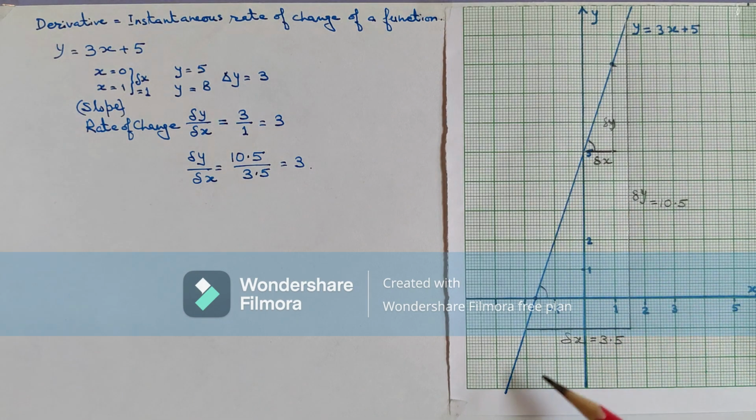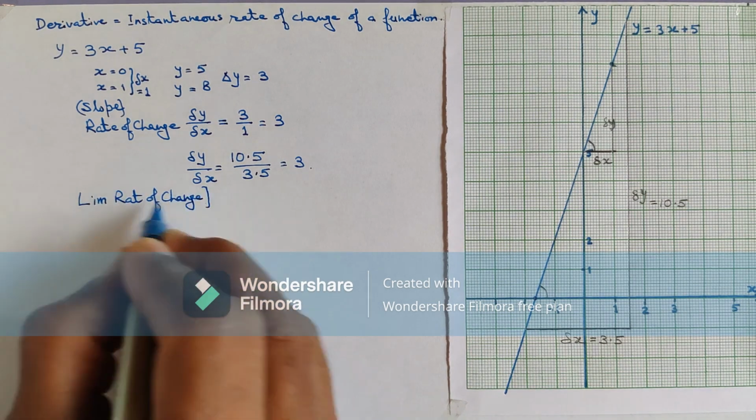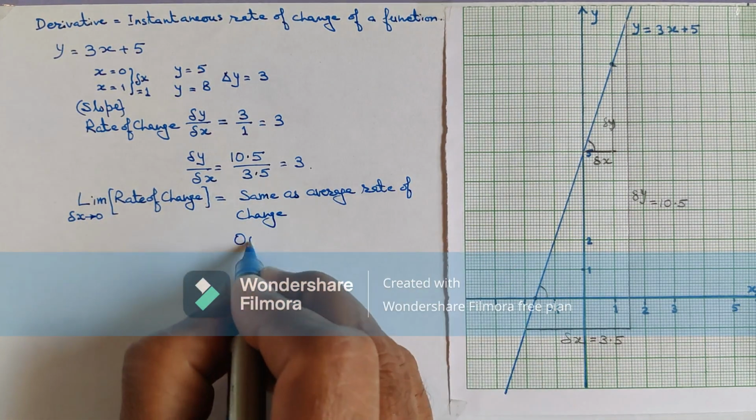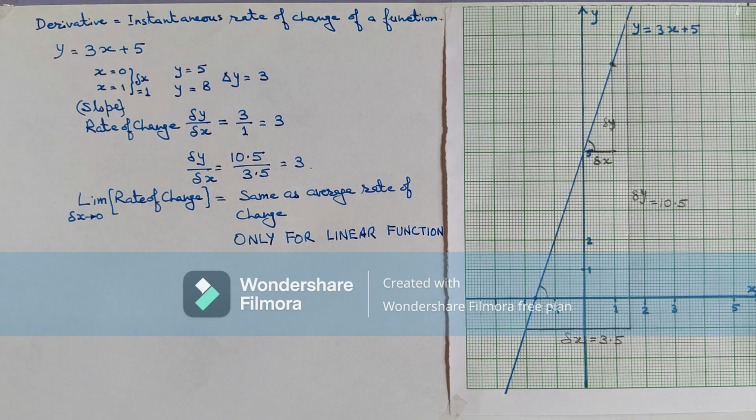Because it is a straight line, the rate of change remains constant, and the limit of rate of change for delta x approaching 0 remains the same as the average rate of change. Only for a linear function, that is only for a function whose plot works out to be a straight line.